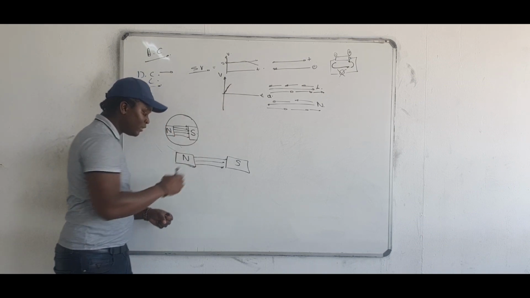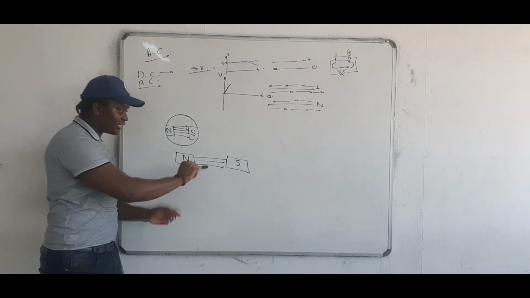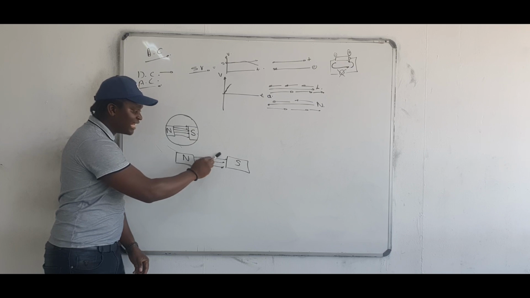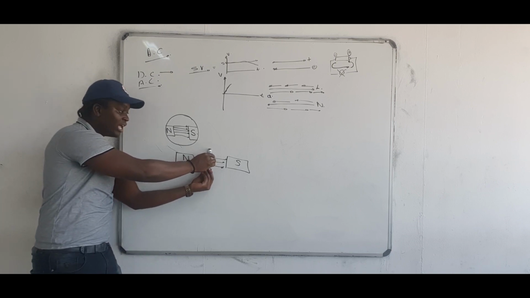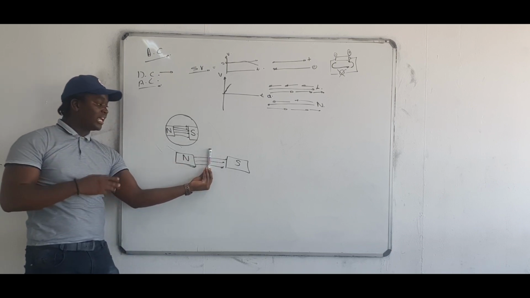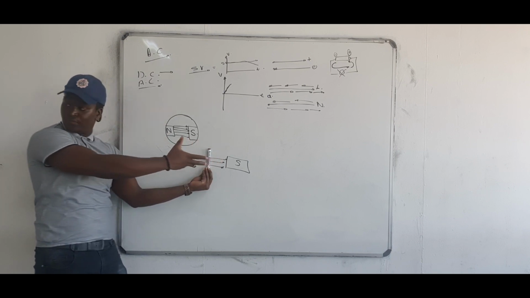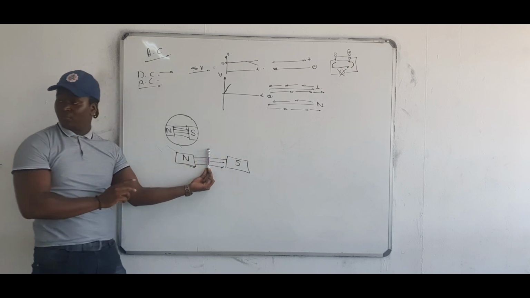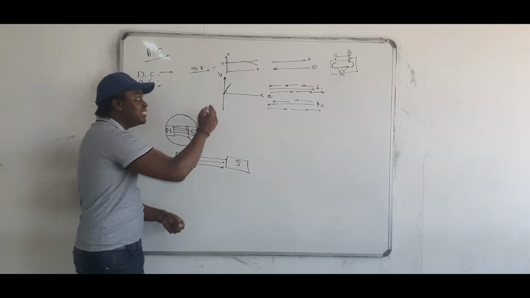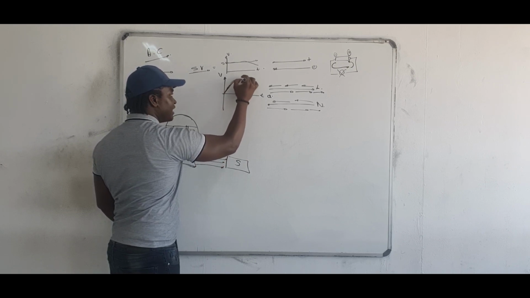Now, the maximum amount of EMF is induced onto your conductor when it is at 90 degrees. So it starts like this at 0 degrees, and then this is our 90-degree angle. At 90 degrees, you can see that it is perpendicular to the lines of force. That means your conductor is cutting all the magnetic lines of force. So at 90 degrees, this is where you've got your maximum current induced.